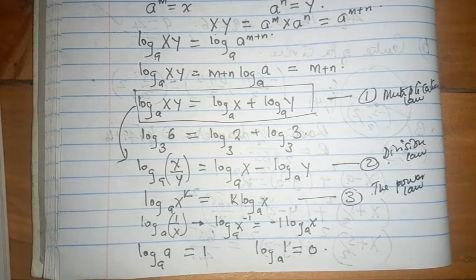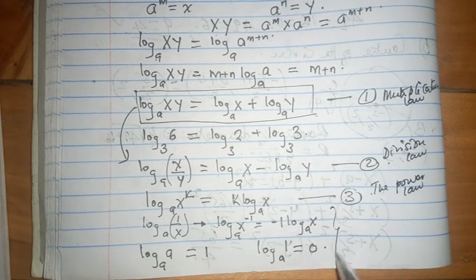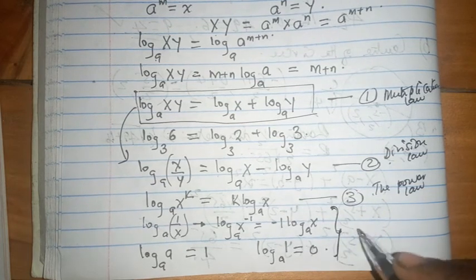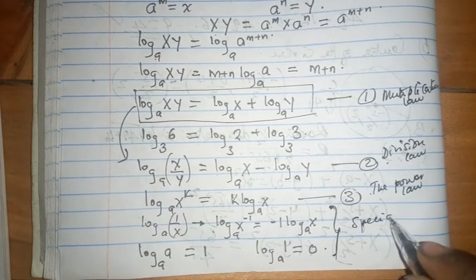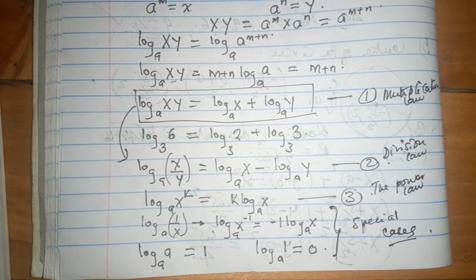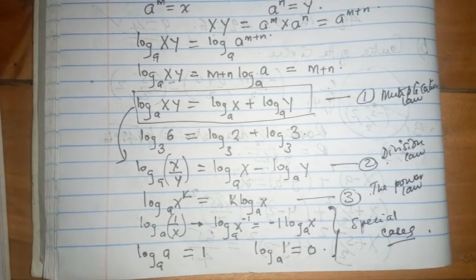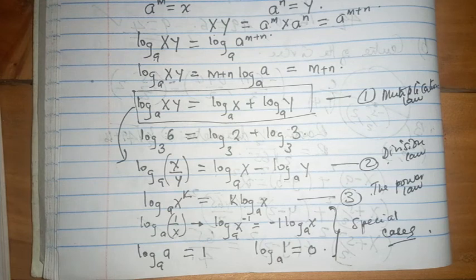The rest are generated from these. The others, we call them special cases. And there they are. Those are basically the laws of logarithm. So please be on the lookout on how we are going to apply them in solving questions.